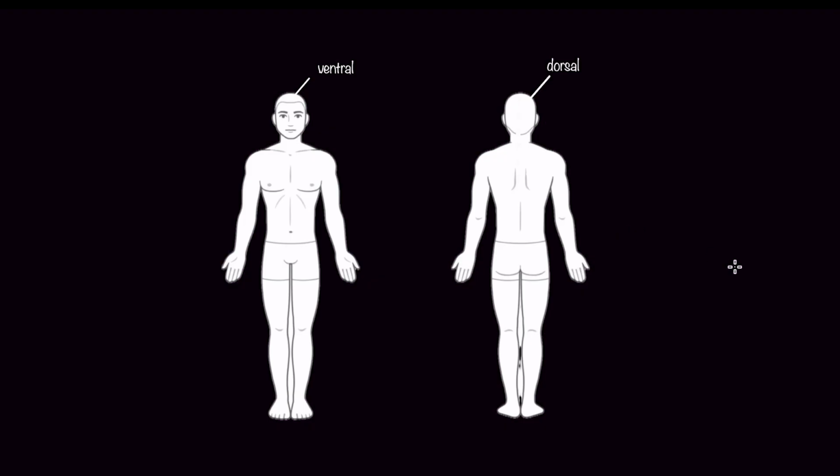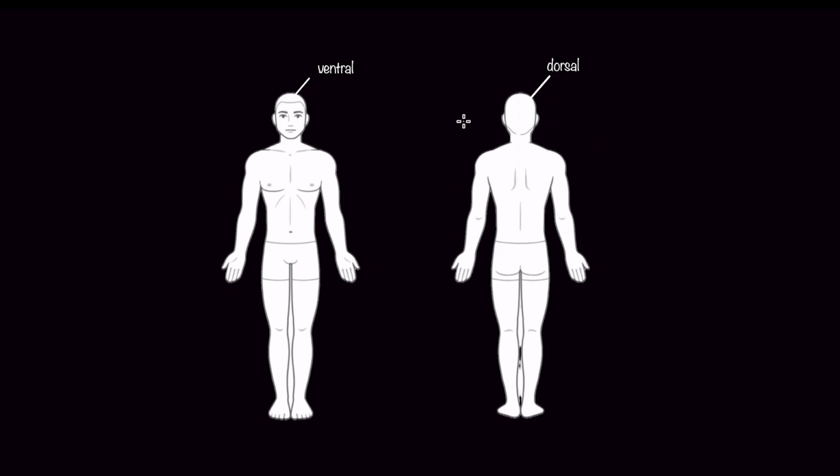Now let's go over ventral and dorsal, which are also called anterior and posterior. The word ventral comes from venter, meaning belly, so you can think of ventral as the belly side of your body. The word dorsal comes from dorsum, which means the back side of your body.